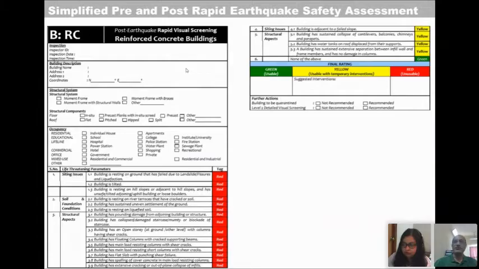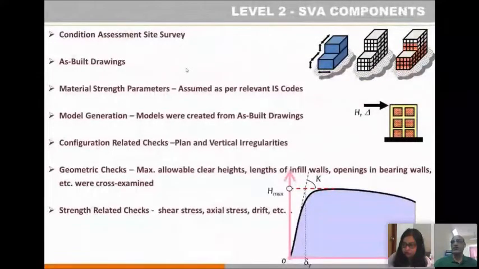Now I will be focusing more on the simplified vulnerability assessment. This kind of assessment is driven in the following steps. In this, we have to go beyond the RVS, do a proper site survey and a few investigations at the site, and do the proper analysis at the office.